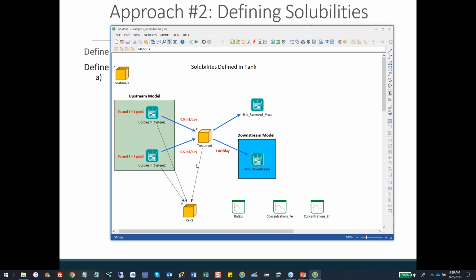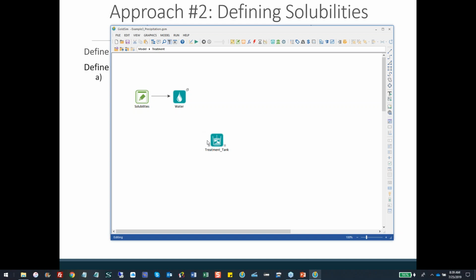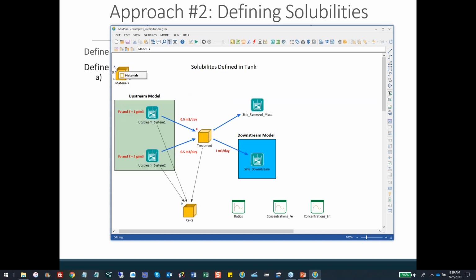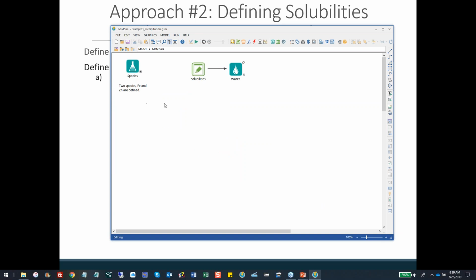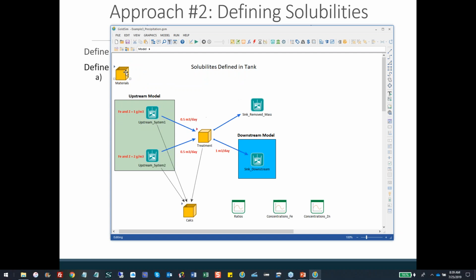And the reason I've put it inside a localized container, if I go inside that container, there's my treatment tank. You'll see I have water sitting right there. I also have water sitting here. So I have water defined in two places.